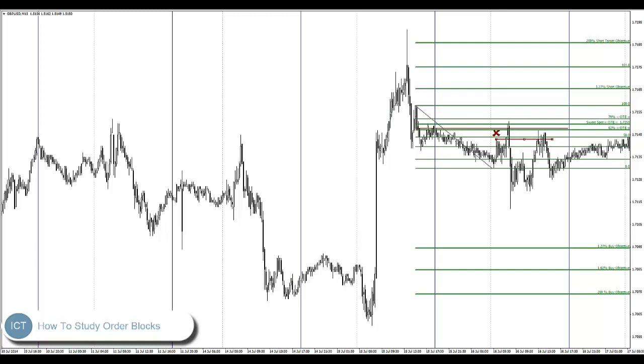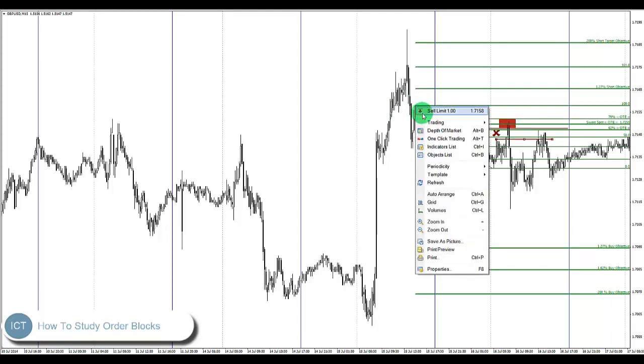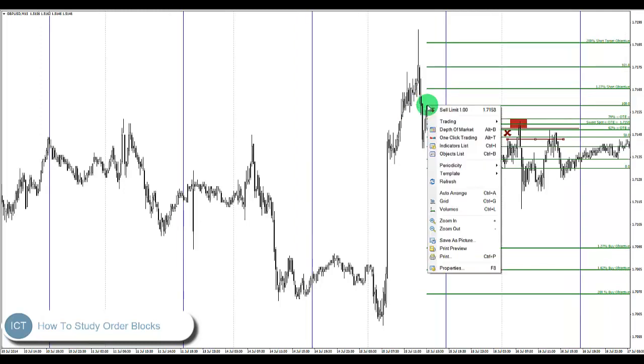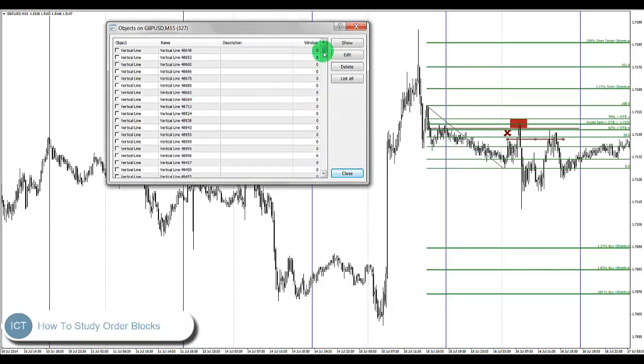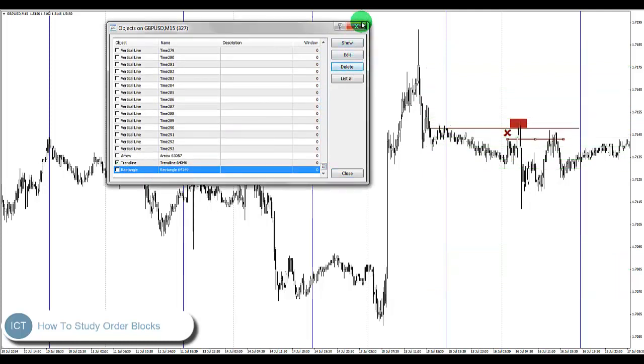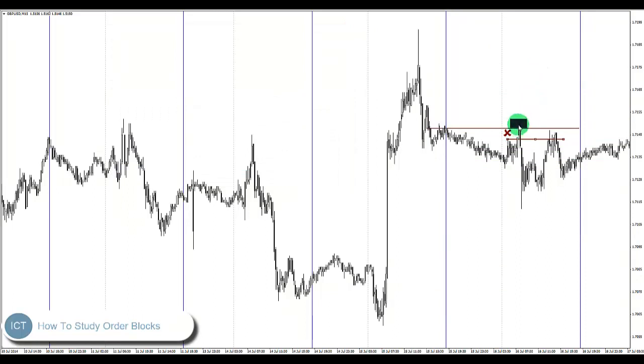So we have one more example of precision for London Open. Okay, so we have this set up here.